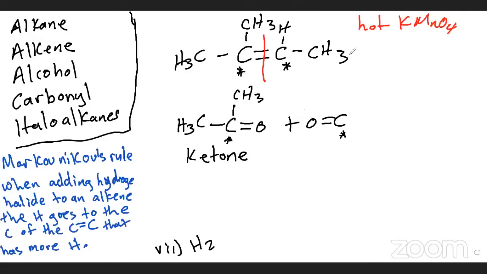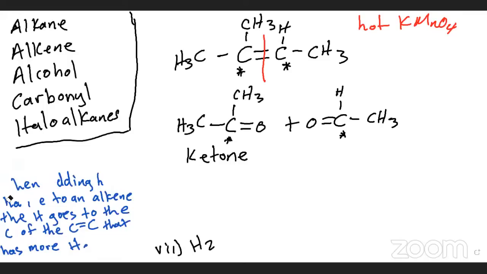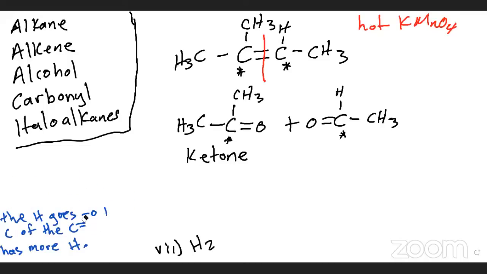All right. Now this one, it has a hydrogen attached to it. And it has a CH3 group. Which compound is this? An aldehyde? That is correct. And what do we know about aldehydes? They are easily what? Aldehydes are easily oxidized.